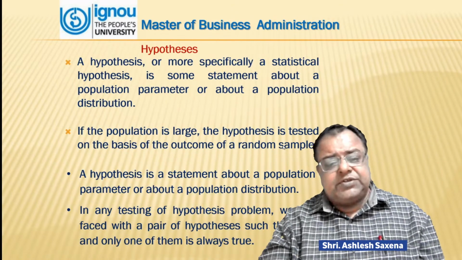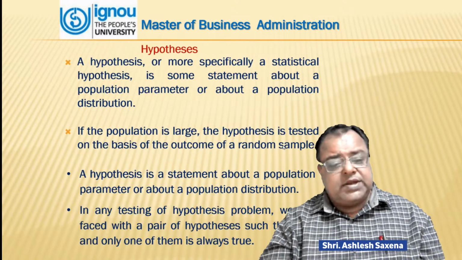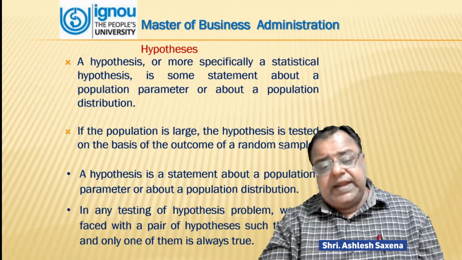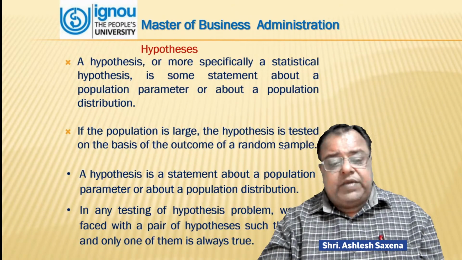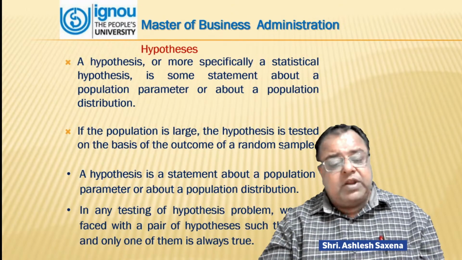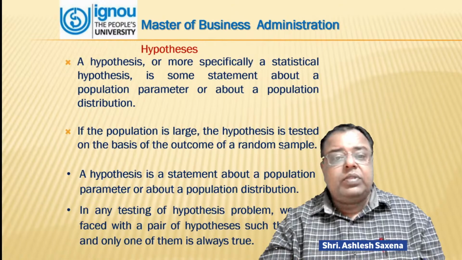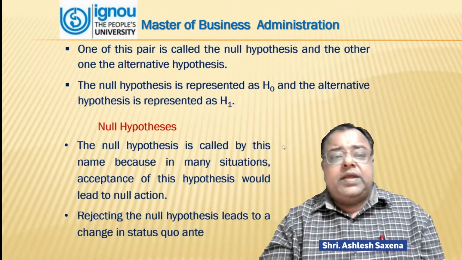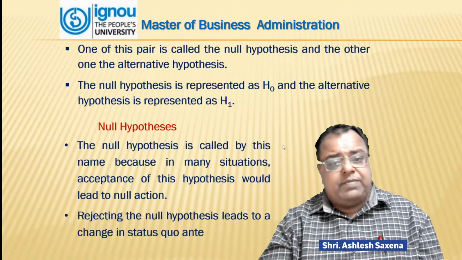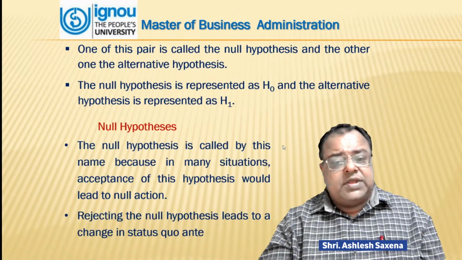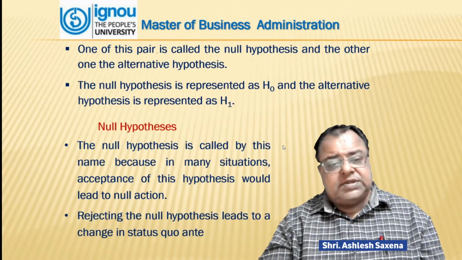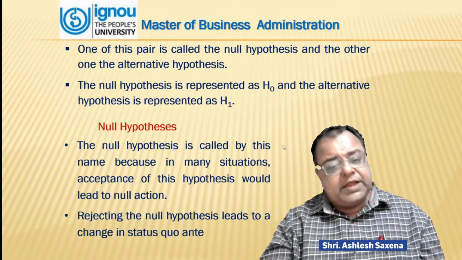In any testing of hypothesis problem, we are faced with a pair of hypotheses, such that one and only one of them is always true. One of this pair is called the null hypothesis, and the other one is called the alternative hypothesis. The null hypothesis is represented by H naught, and the alternative hypothesis is represented by H1.